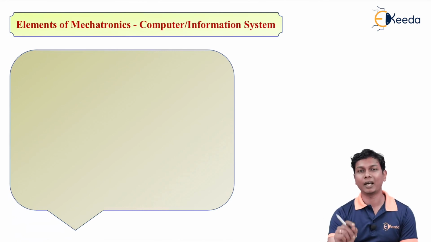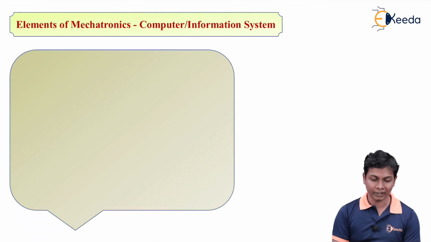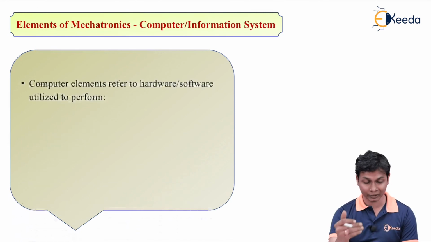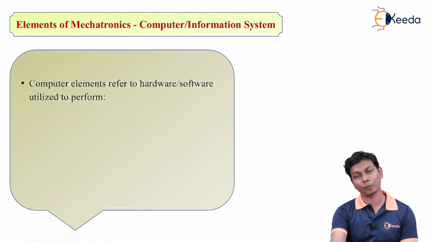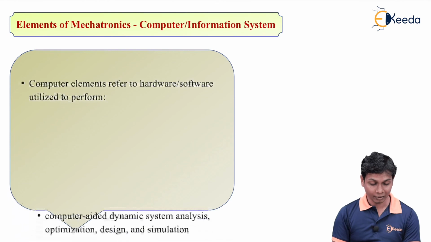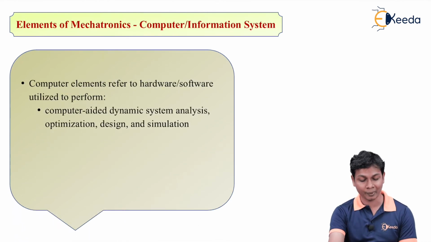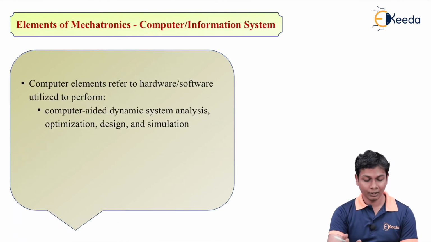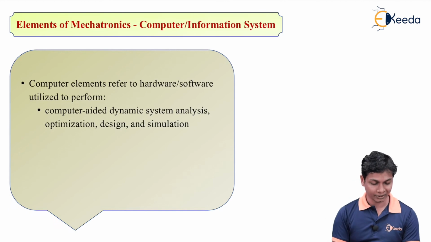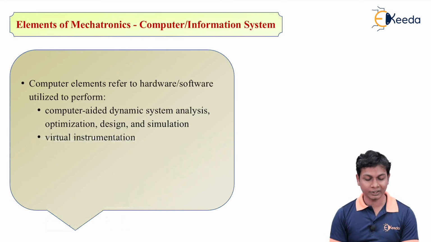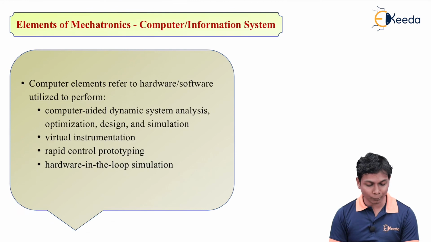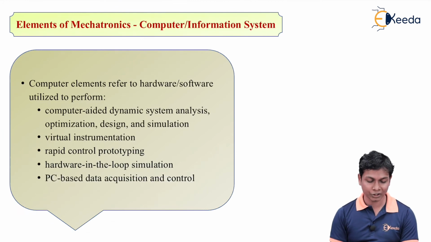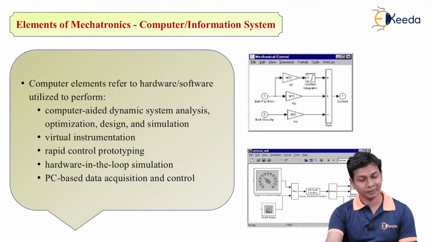Now, computer and control system part is included, that is nothing but information systems where hardware and software utilization and performance happen, where computer aided dynamic system analysis, optimization, design and simulation part is included. Virtual instrumentation is another example of computer and information systems, rapid control prototyping, hardware in the loop simulations, PC based data acquisition and the control part is there.